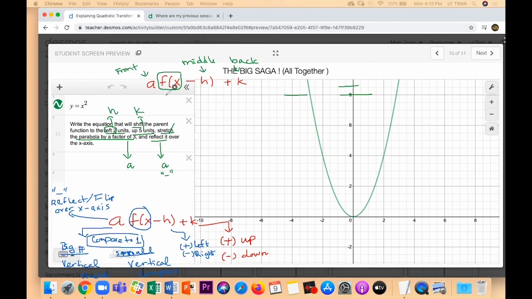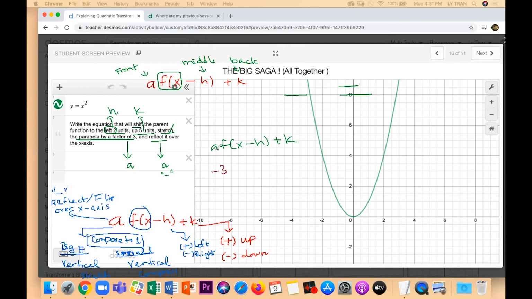So now I'm going to rewrite this. This is a, right? They said reflect, so I just put it underneath. Let me try it over here. Here we go. So I have a times f of x minus h plus k. Now I'm going to rewrite them. So I have negative, and then stretch by a factor of 3.